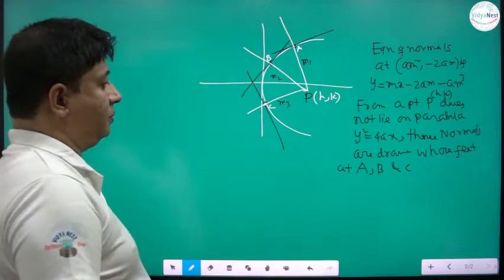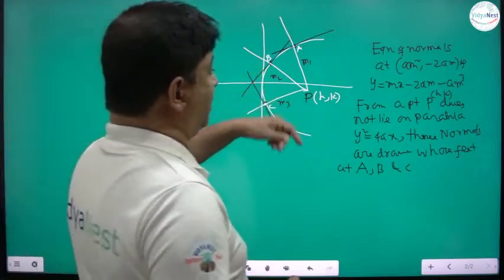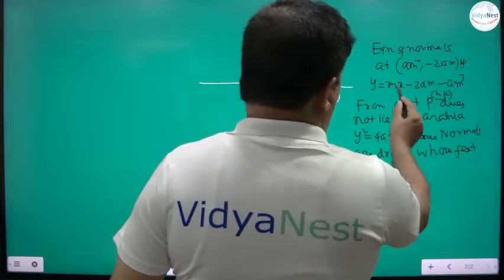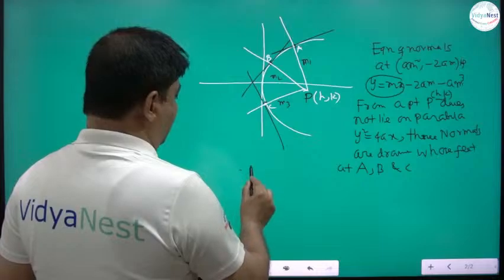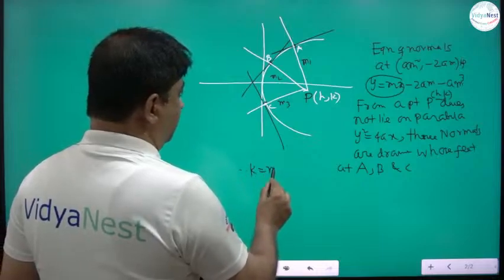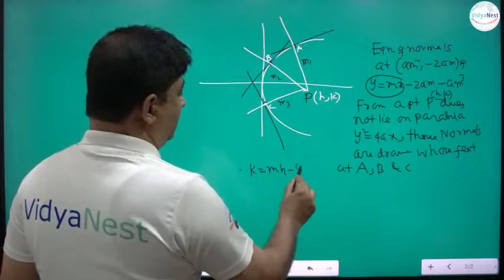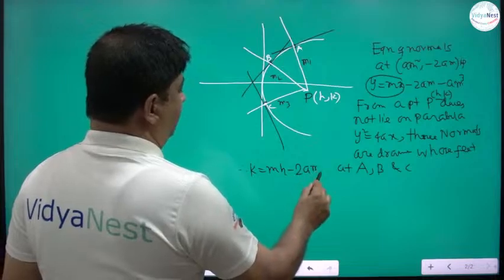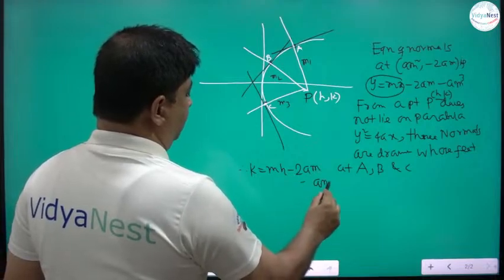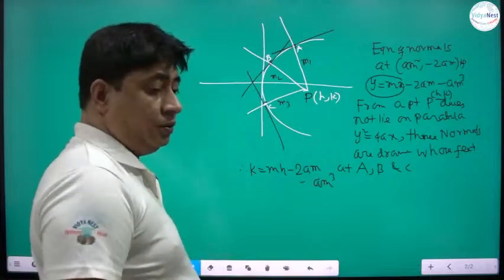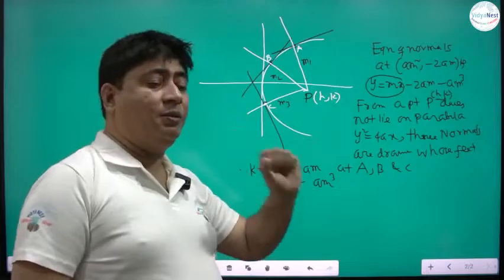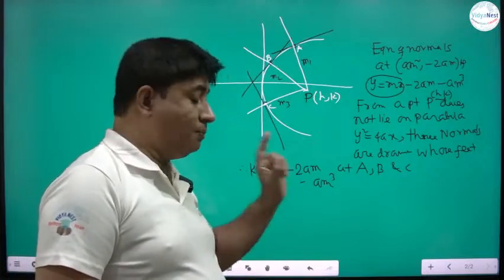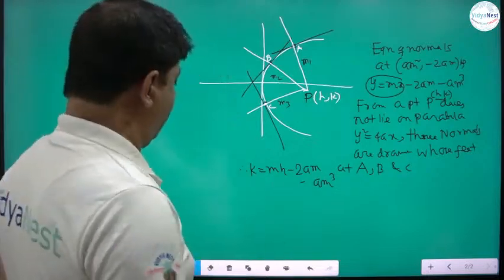Now, from which point are three normals drawn? (h, k). So (h, k) will satisfy the equation. So I can write k is equal to mh minus 2am minus am cube. What do we get? Seeing the power, it is a cubic polynomial.